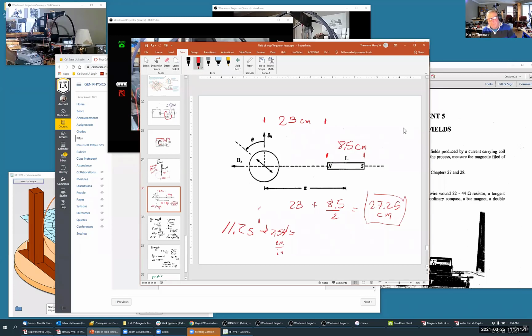Calculator. It is pretty interesting that you can get the right answer. 11.25, enter, 2.54 times is 28.6 centimeters. And then let's take a look now.